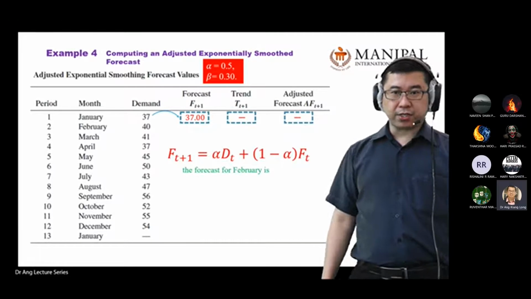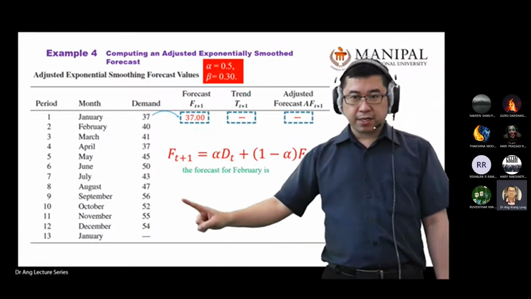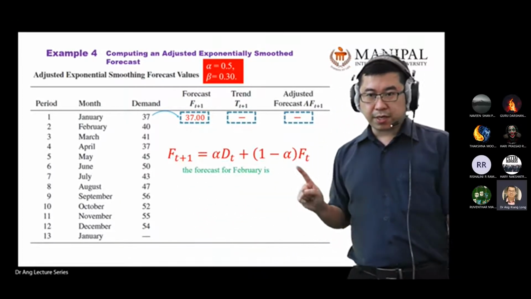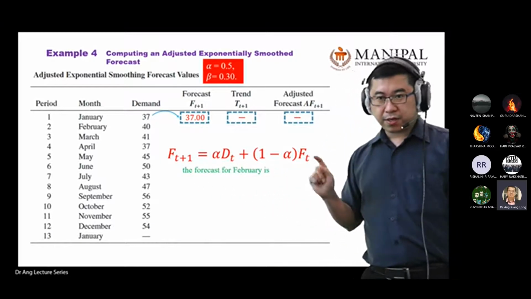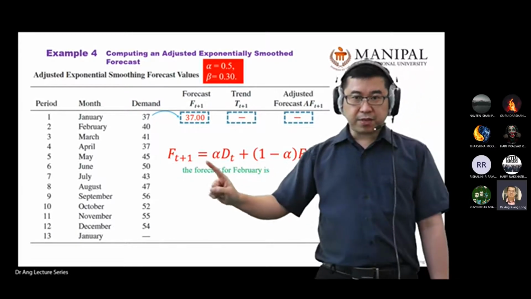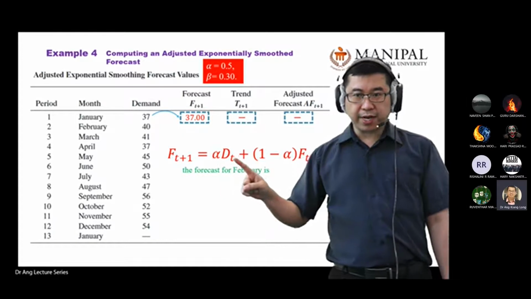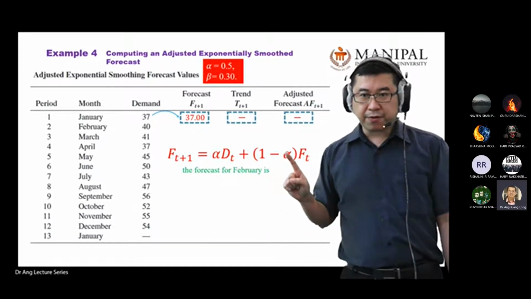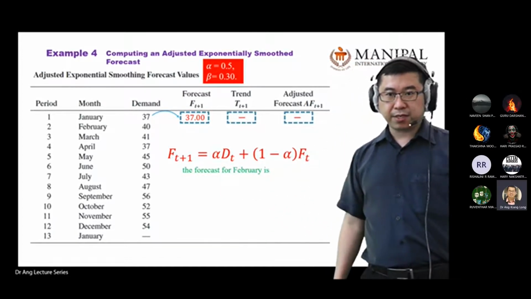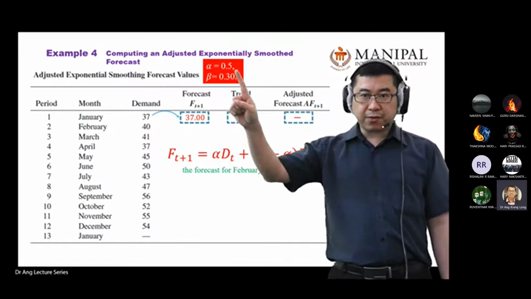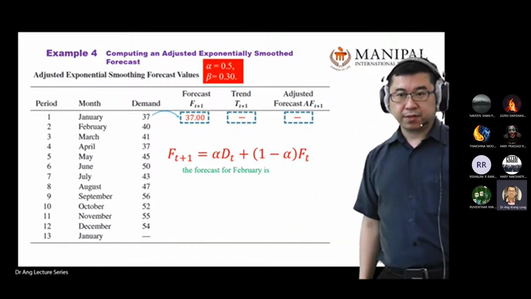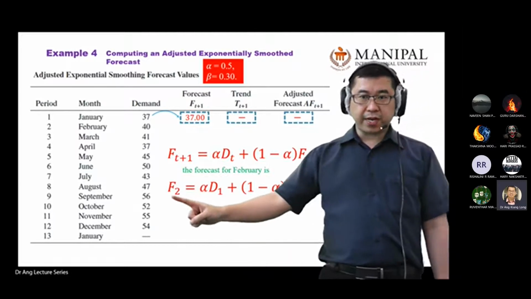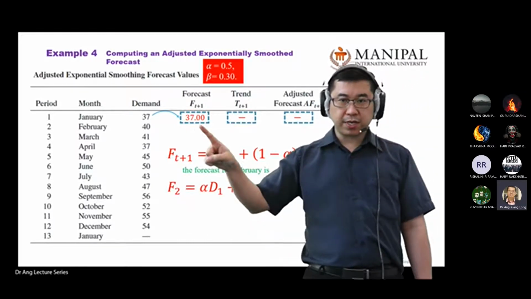Then we start the calculation for the second one. We recall the equation that we calculated just now: Ft+1 equals alpha Dt plus (1 minus alpha) Ft. Now your alpha value is 0.5. So for F2, it is this one.